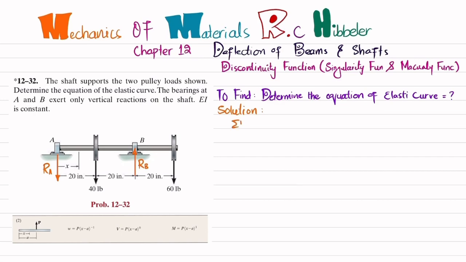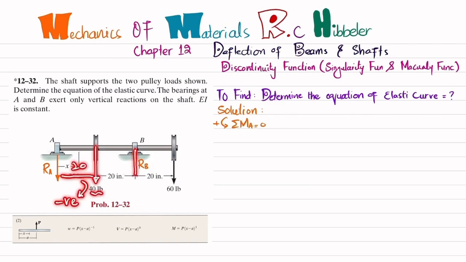The first equation of equilibrium is the sum of all moments about point A equal to 0, taking counterclockwise moment as positive. About point A, the force RA is not producing any moment because it passes through this point. The first moment is produced by the 40 pound force with perpendicular distance 20, and it is clockwise, so it is negative.